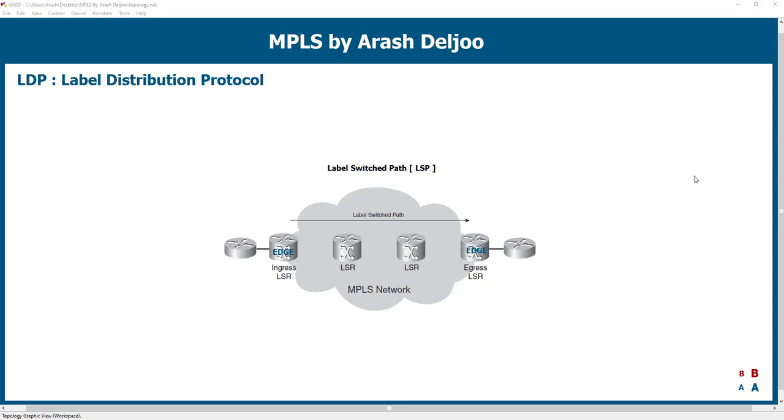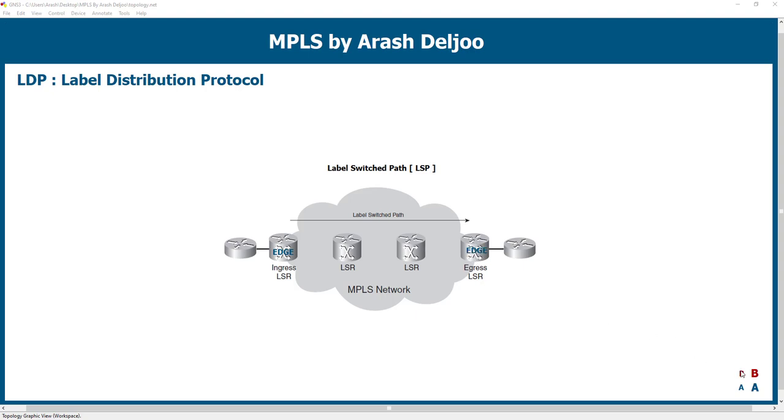Also, don't forget that an LSP is a unidirectional path. You can see that our LSP in this picture starts from the ingress LSR, the left edge LSR, to the right edge LSR, the egress LSR.